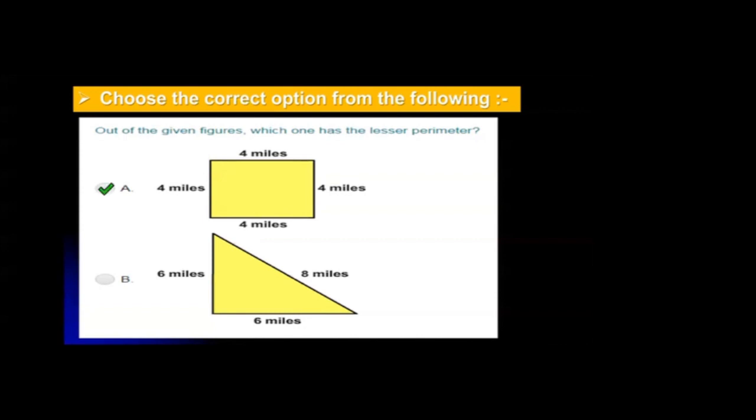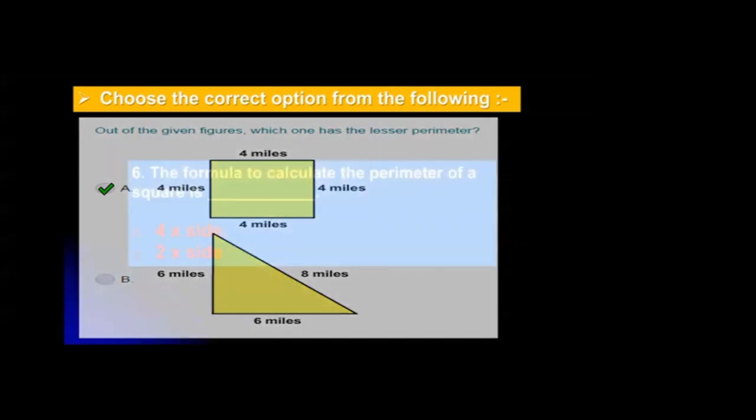Yes. Can you tell me, what is the perimeter of the square? 16 centimeter. Yes, 4 fours are 16. And what is the perimeter of the triangle? 20. Yes, 20.